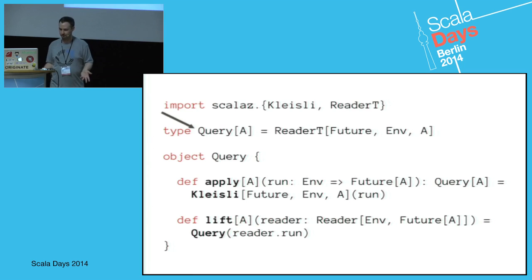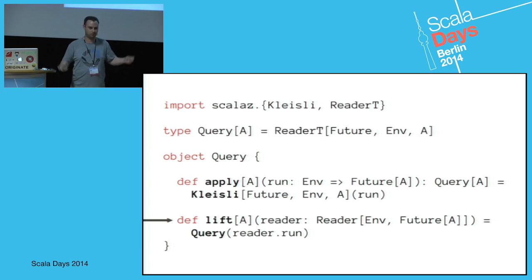And then I defined an apply on Query that let me wrap the function the way I wanted to. And then I defined a method lift that'll take a reader from an environment to a future of something and lift it into a Query. I'm not sure lift was actually a good name for this, but functional programmers seem to like to lift things, and it seemed appropriate.